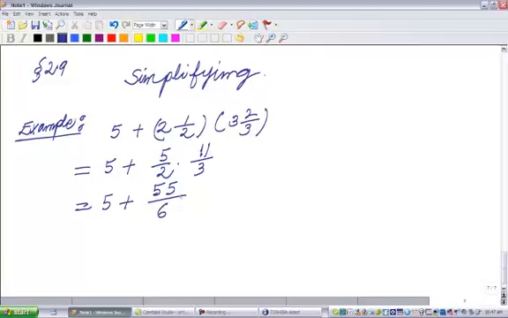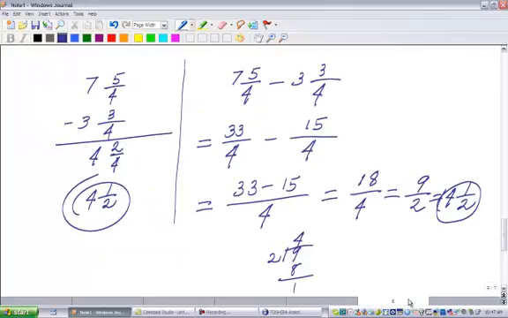Okay? Everybody's okay? Alright, now, what's the common denominator? Common denominator is 6. So I multiply 5 and 6 and then add 55 multiplied with 1. So what is that? 30 plus 55.